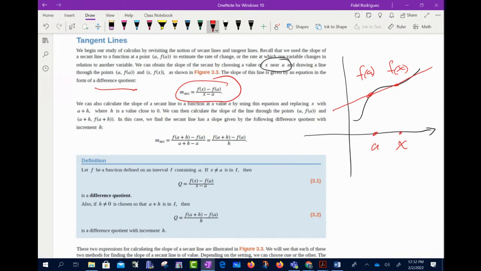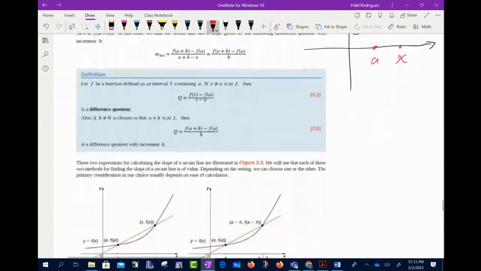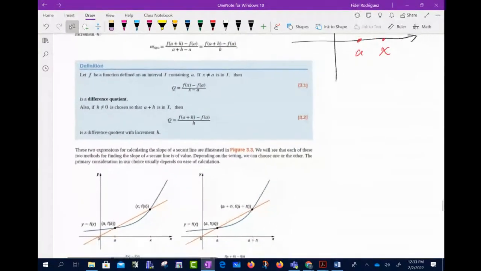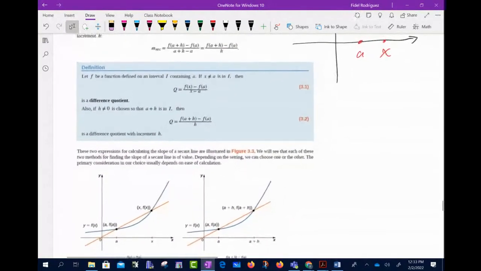And it says we can also calculate the slope of a secant line to a function at a by using the equation and replacing the x with this value of a plus h, where h has a value that's close to 0, okay? And if we were finding the slope of the secant line, I'm going to kind of zoom in over here or move down so we can see the graph, okay?